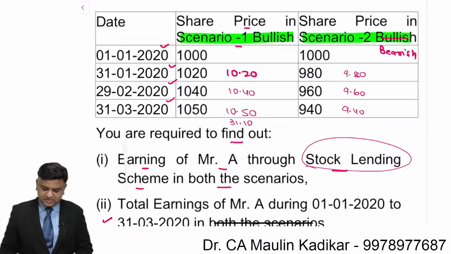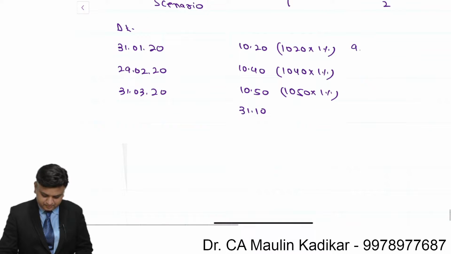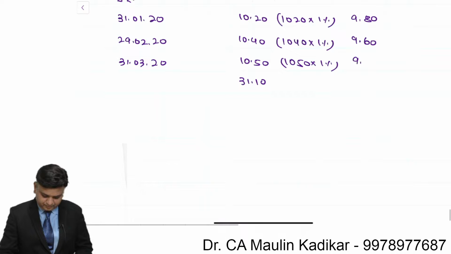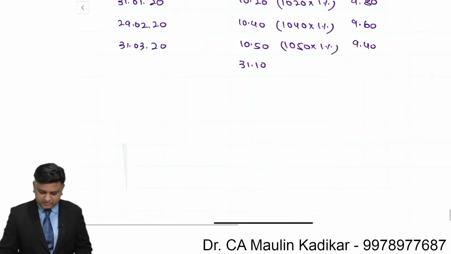In the next case it is 9.8, 9.6, 9.4. So 9.8 plus 9.6 plus 9.4 comes to 28.8.